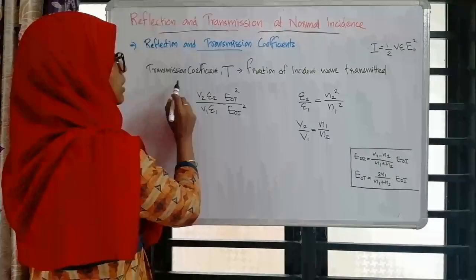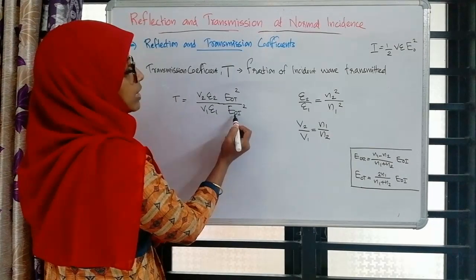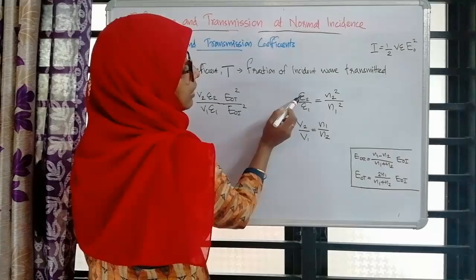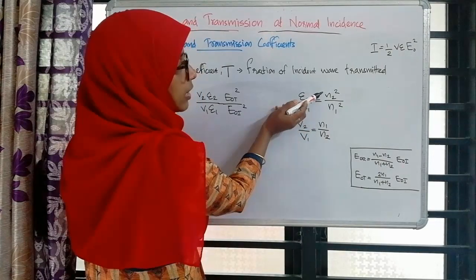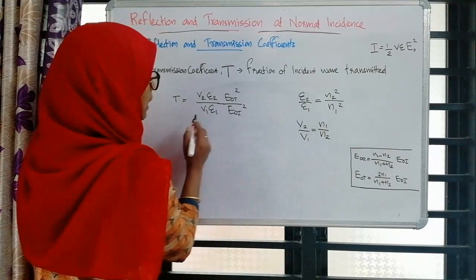So T is equal to V2 epsilon 2 E0T square by V1 epsilon 1 E0I square. Substituting, epsilon 2 by epsilon 1 is equal to N2 square by N1 square, and V2 by V1 is equal to N1 by N2.